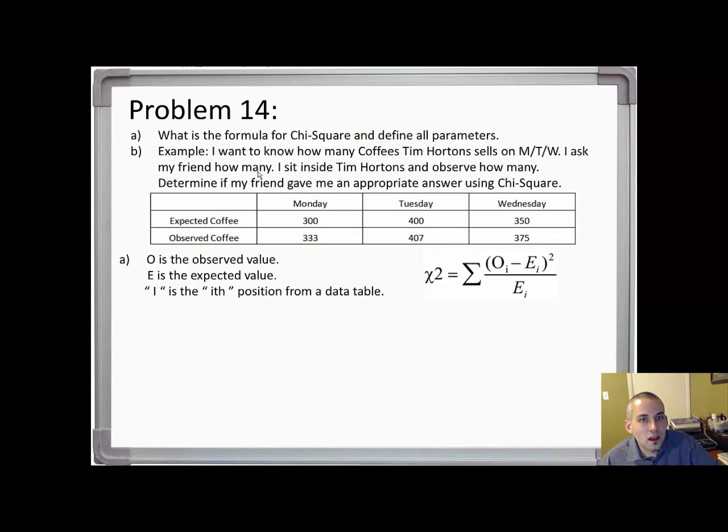So I want to know how many Tim Hortons coffees are sold on Monday, Tuesday, and Wednesday. Essentially, I ask my friend who works there how many, and he tells me on Monday there's 300, Tuesday there's 400, and Wednesday there's 350.